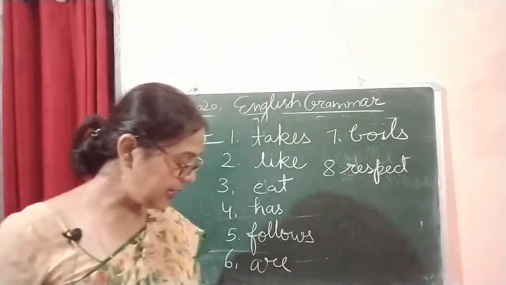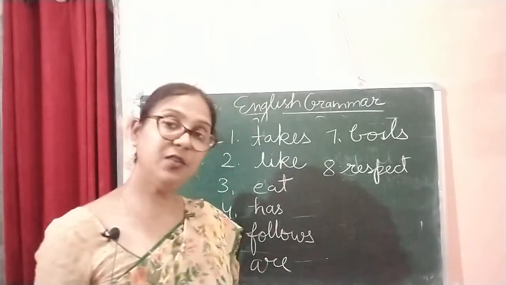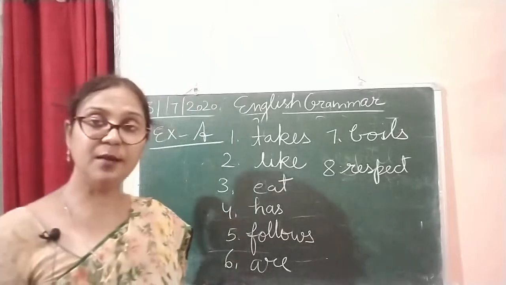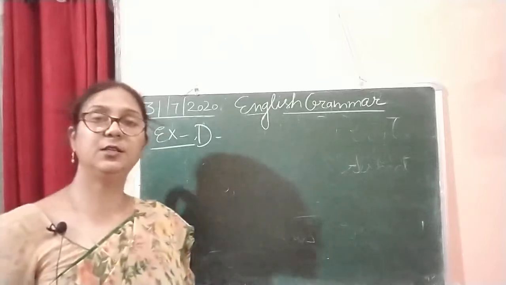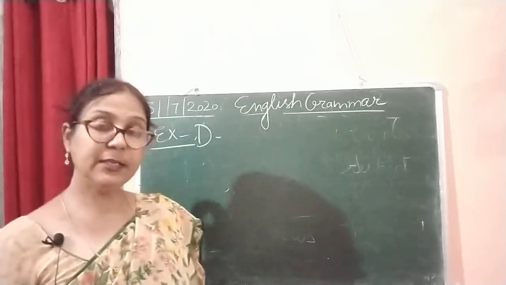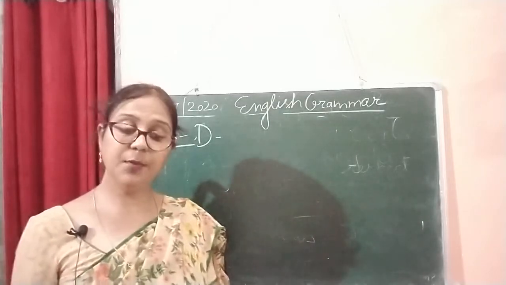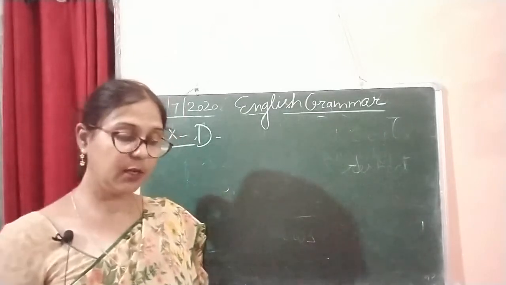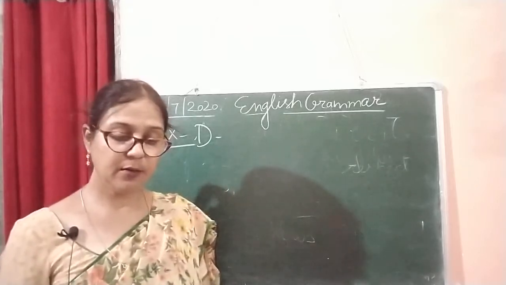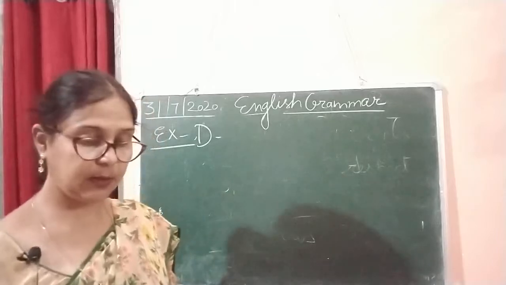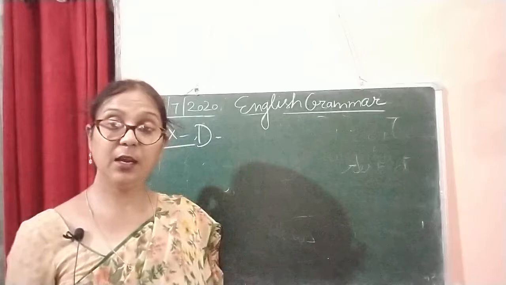Now let's move to the exercises. This is page number 68 in your Mastering Grammar book. We are going to solve some exercises. Now on page number 68, exercise number D, fill in the blanks with the correct form of verbs given in the bracket. The students dash reading fables.